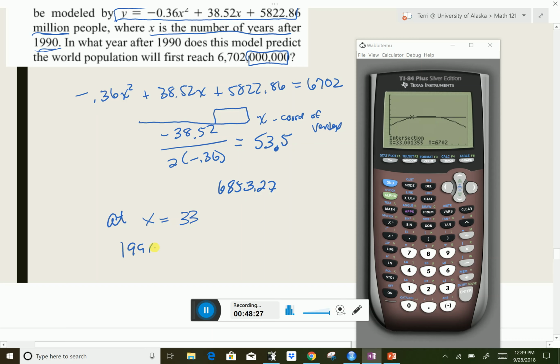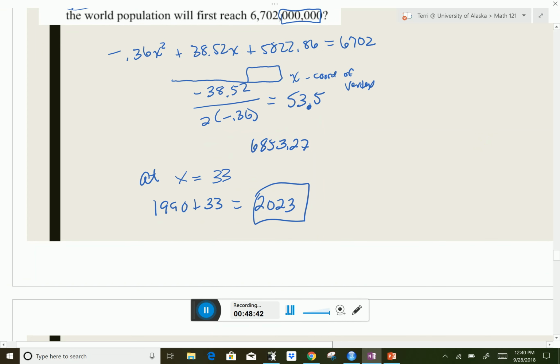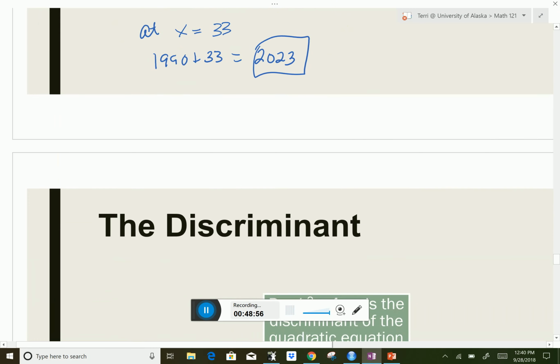So 1990 plus 33 would be 2023. So there you go. That's the easy way. There's other ways to do the problem, of course. You can subtract 6702 from both sides, use the quadratic formula, or you can find the zeros. Either way, but with an applied problem like this, your best bet is to use your calculator.